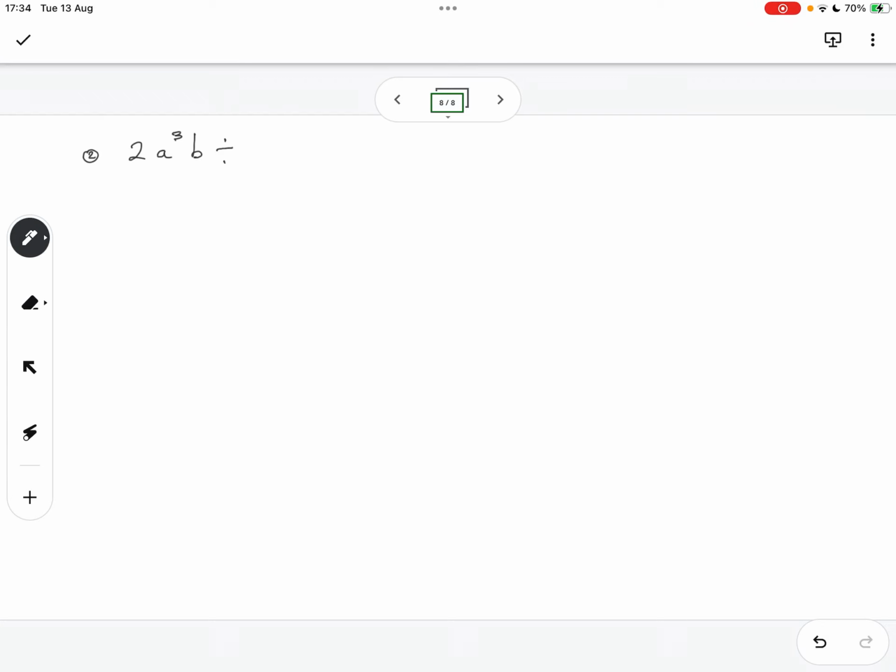So this would be 2a cubed b divided by 4a squared b, plus the square root of a squared over 4. Here, it's important to note that because of BODMAS, the one that takes priority is the division.